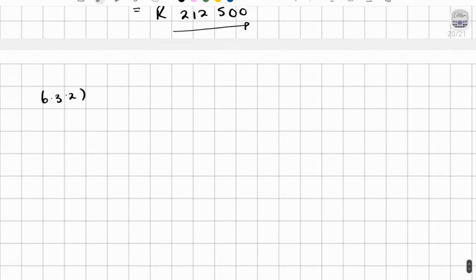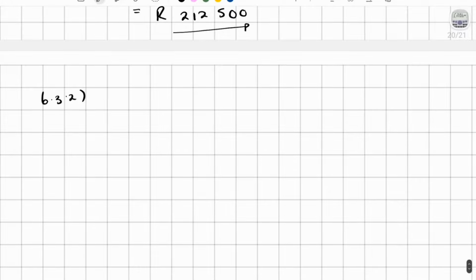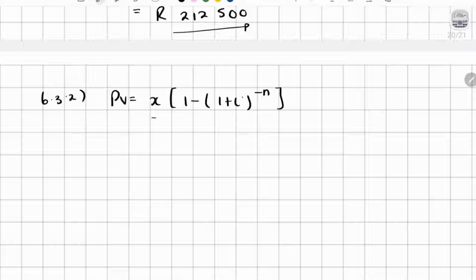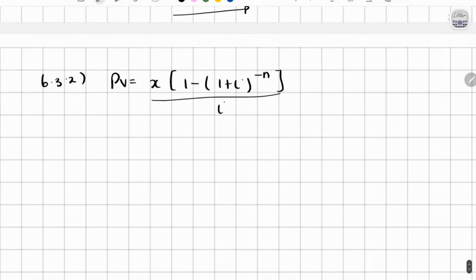So I'm going to write down the present value formula so that we can focus on the things we are specifically looking for. The present value formula is X, open bracket 1 minus 1 plus i raised to the power of negative n. Don't forget that n must be negative, over i. This is our present value formula, and let's focus on everything they're asking for.